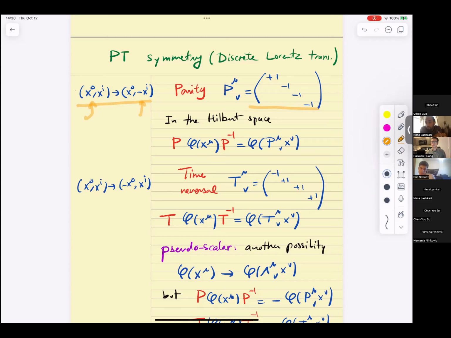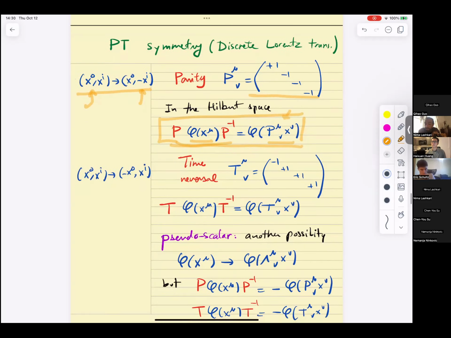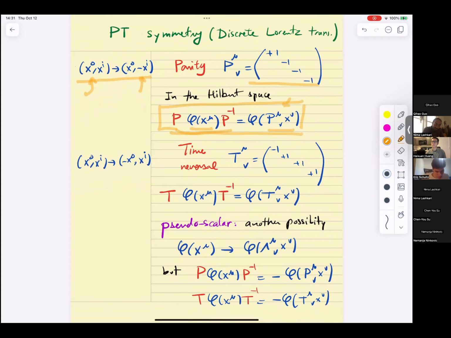In the Hilbert space, it will correspond to some unitary or anti-unitary operator. But the way it transforms your scalar field is as follows: it will basically take x mu and just transform it. It's part of the Lorentz group, so if it's a scalar, it better transform this way. That follows from the definition of a scalar. Is that point clear? That's crucial.